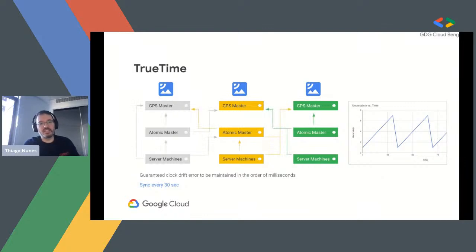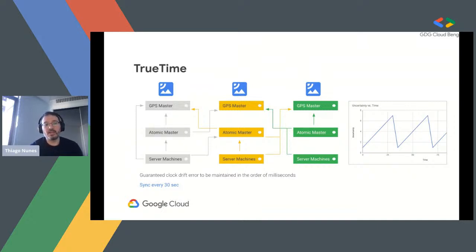Cool. So now that we've seen splits, let's talk a little bit about TrueTime. So TrueTime is a mechanism for synchronizing clocks across machines. And these machines can be in the same data center or in different data centers. TrueTime uses GPS and atomic clocks for that.